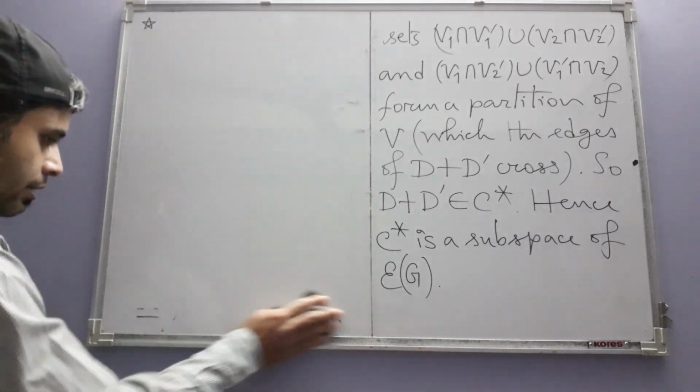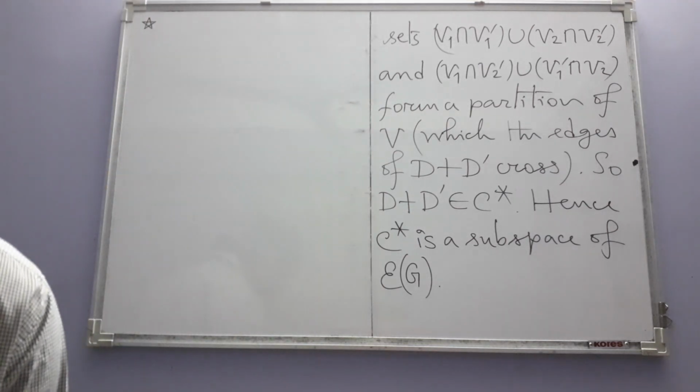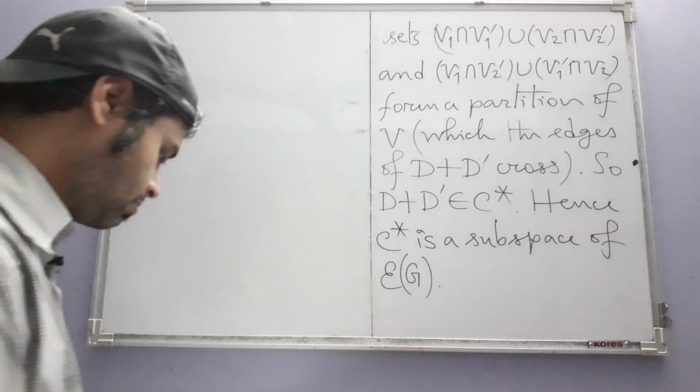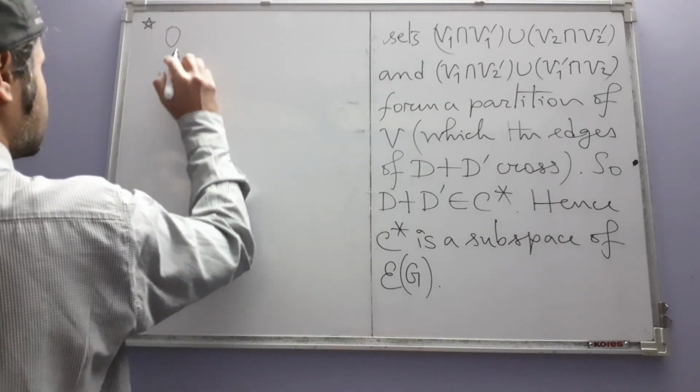It's 2 or 3 lines. So let me copy what the author has written, our second assertion, and then we will try to understand what Diestel means.